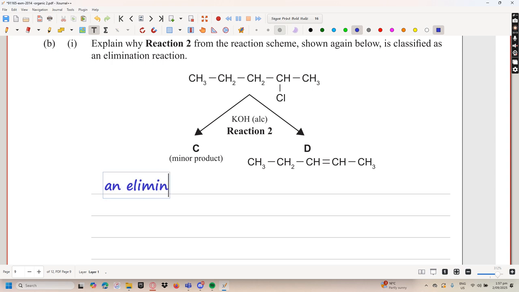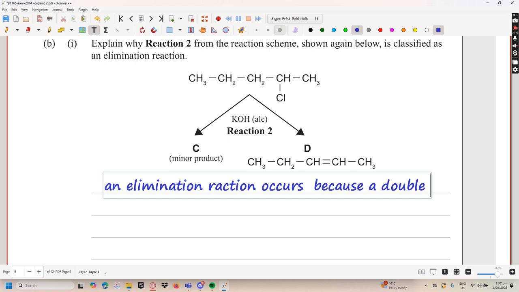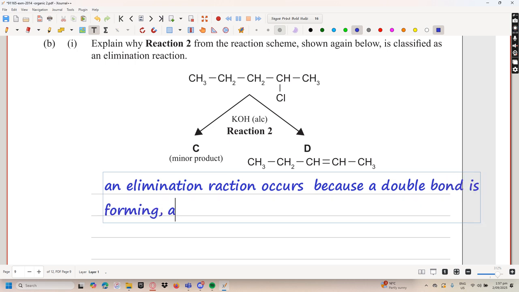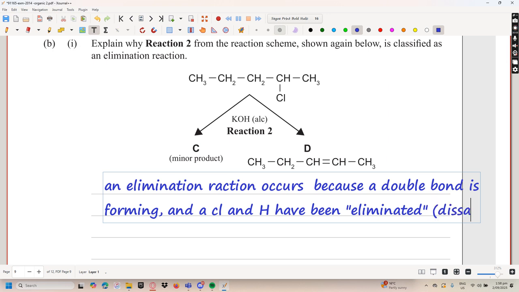An elimination reaction occurs because a double bond is forming, and if we look at this very carefully, a Cl and H have been eliminated, and they just disappear as hydrochloric acid.